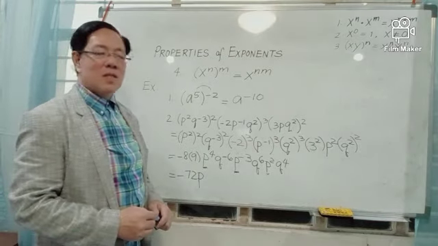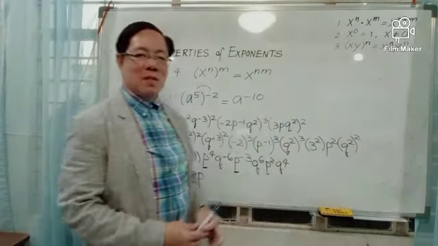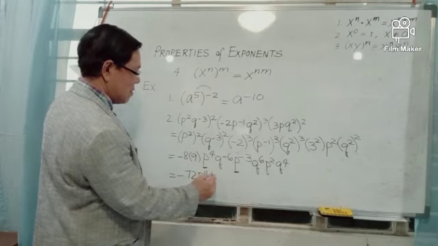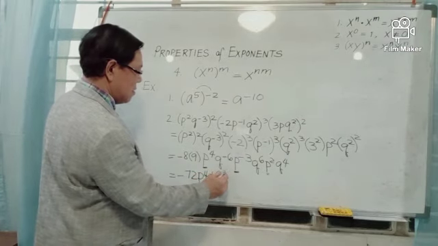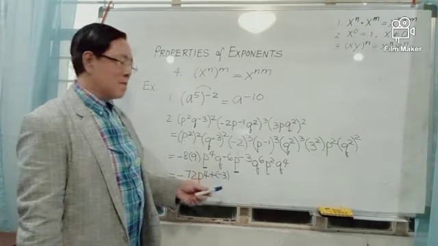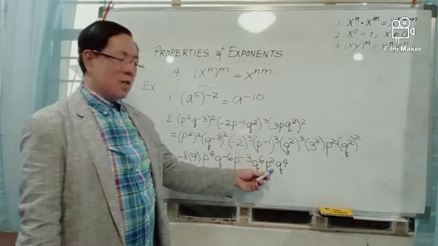Add the exponents of p by the first property of exponents. We have 4 plus negative 3. Or you may write 4 minus 3. And plus 2 here, the exponent of p plus 2.